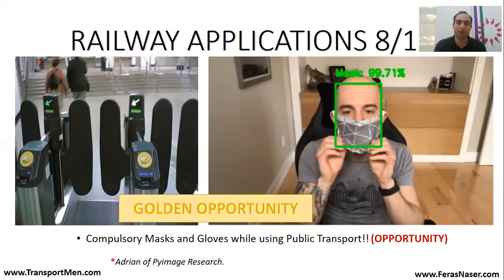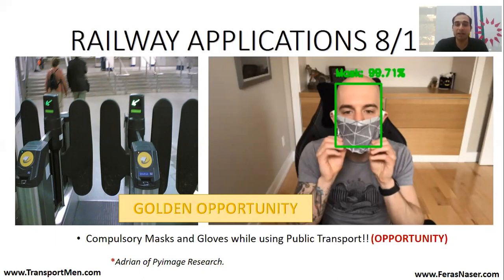Now, this is the golden opportunity. The previous work was my work. Now I will just be talking about a golden opportunity. During COVID-19, many transits stopped operating, or they were operating at less than their full capacity.